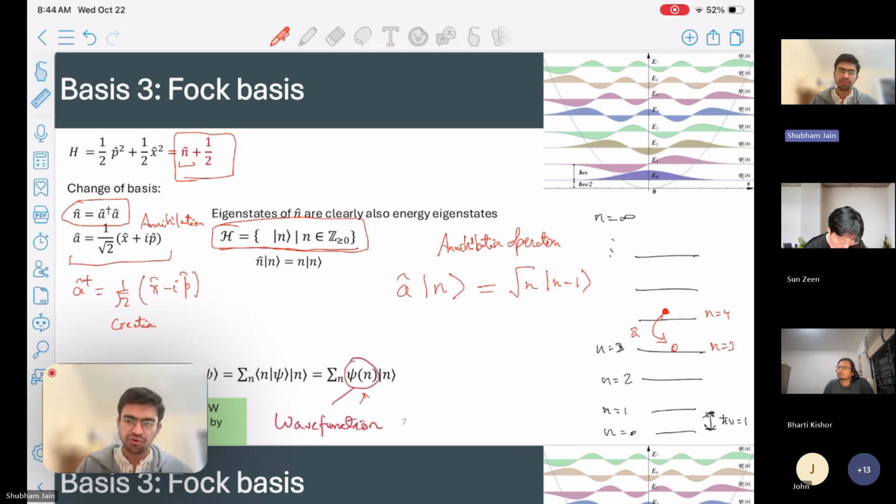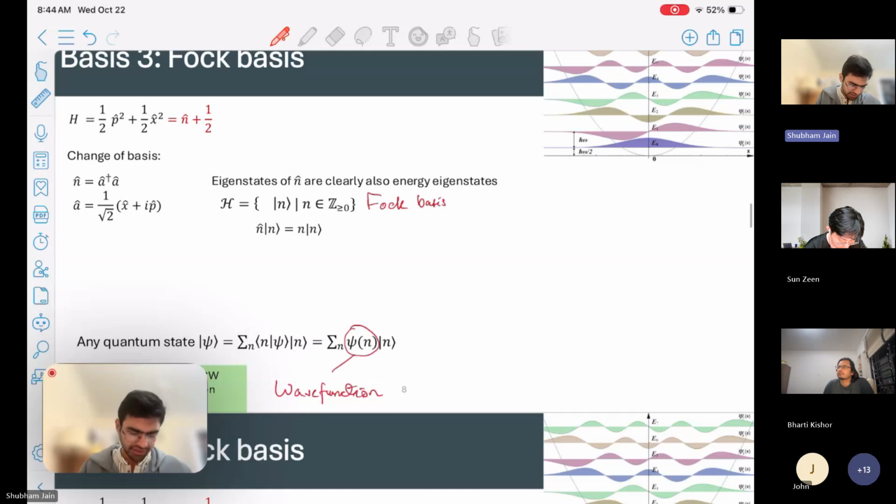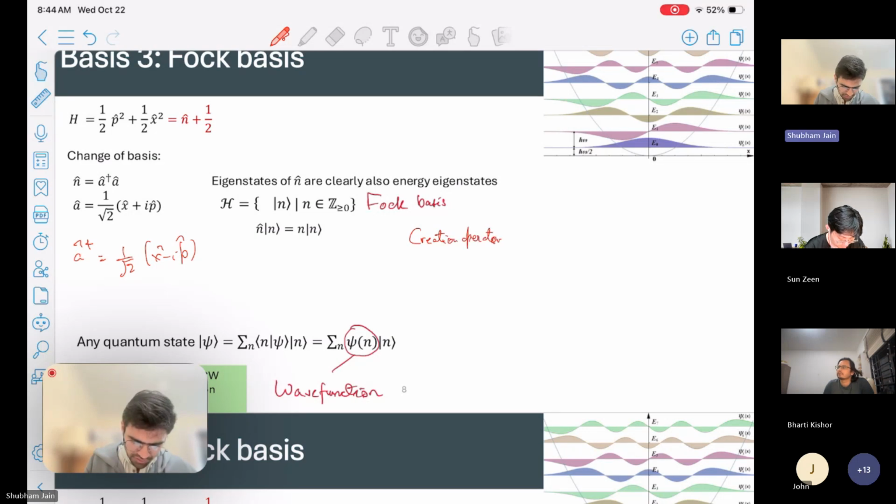So quite simple. There's a similar action of the creation operator. Let me write this again. So let's try to visualize the creation operator. And maybe you can already guess the action.